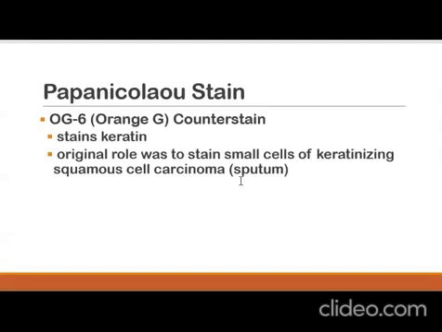But again, it doesn't mean it can no longer be used for squamous cell carcinoma that can be diagnosed through sputum. It can still be used, because remember, your Pap stain can be used in other specimen types. But nowadays, it's commonly used for gynecological smears, because remember, Pap stain is most commonly used in gynecological specimens.